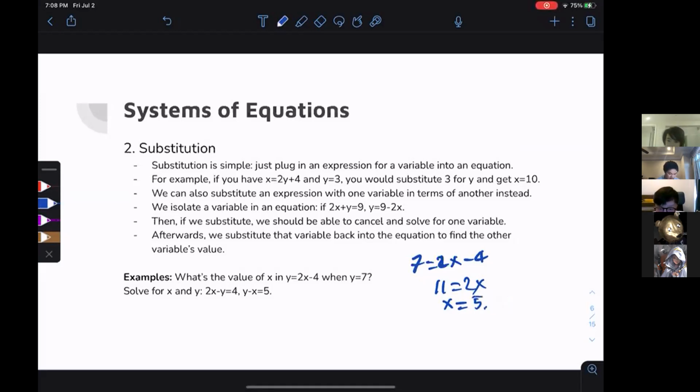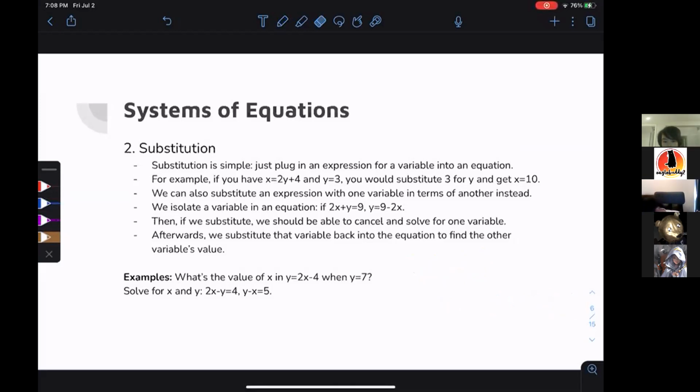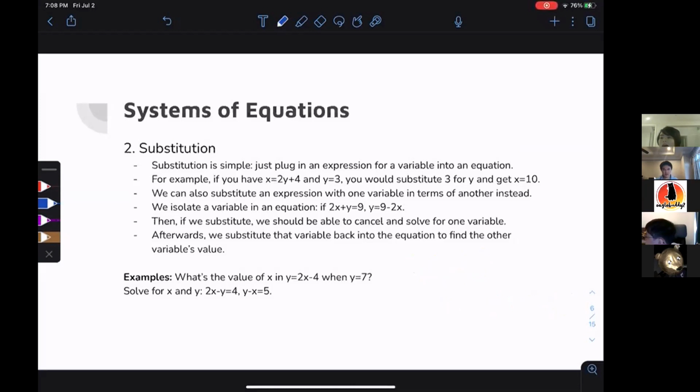Yeah, and so the answer should be 5.5 or 11 halves. Either way is fine. You just plug in y in here, since it's simple. You see y is equal to 7, and you plug it in where y shows up, and you solve for it. Now, does anybody want to take the second problem?